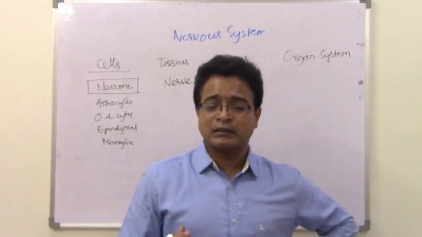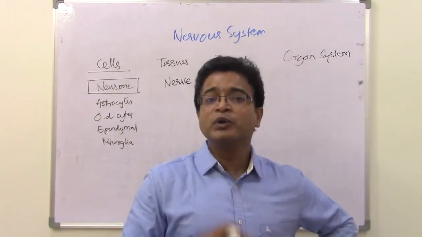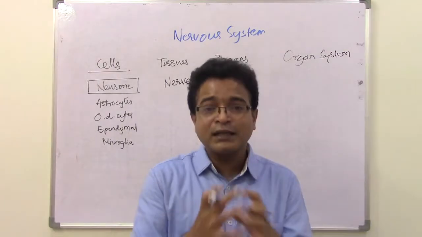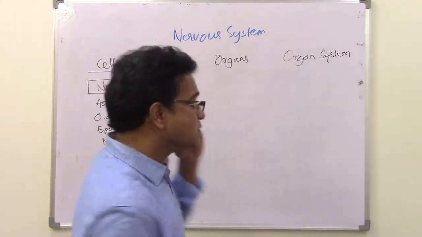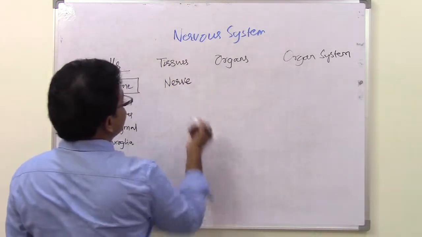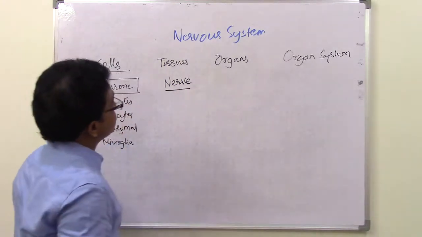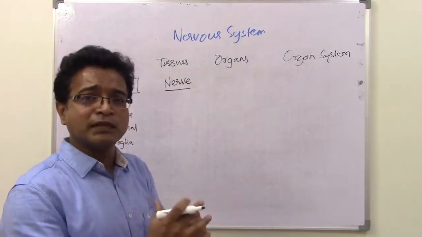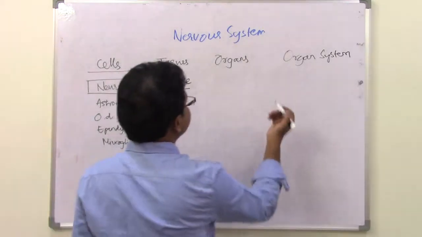A group of cells coming together and doing the same function. A group of cells coming together and doing the same kind of function is known as nerve tissue, and all the nerves come together and form different organs.